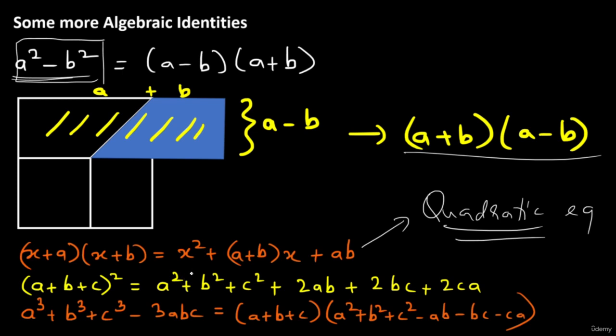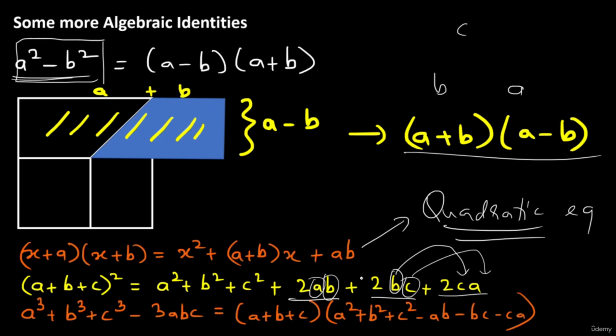Let's try to remember it using the pattern. That's A square plus B square plus C square plus 2AB, and instead of A you put B, you get B over here. Instead of B you put C, so you get BC over here. And again, instead of B you put C, and instead of C you put A to get 2CA. So what we're doing is, that's like cyclic nature. You have A over here, B over here, and C over here.